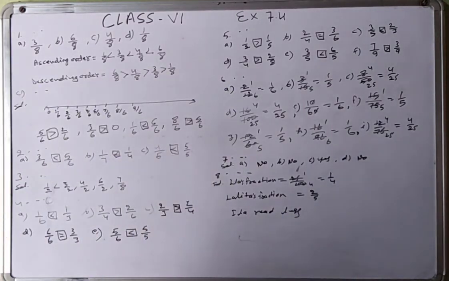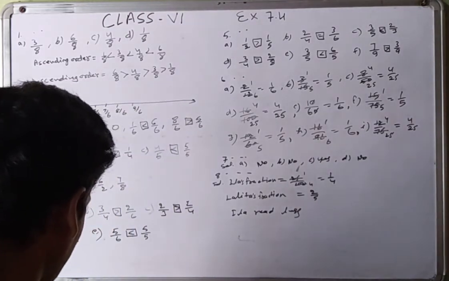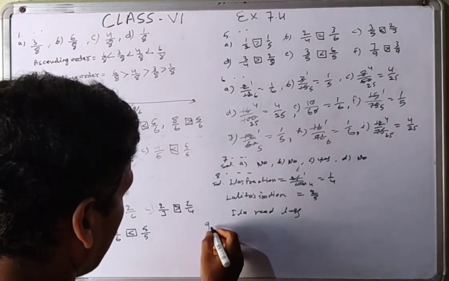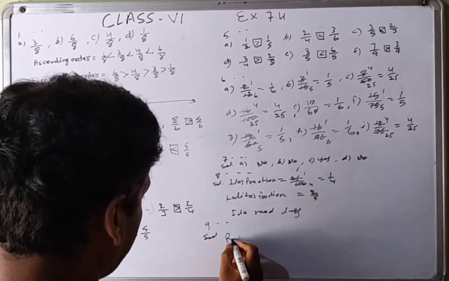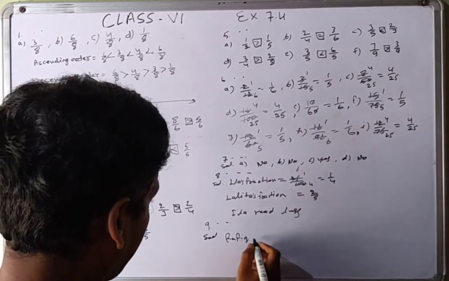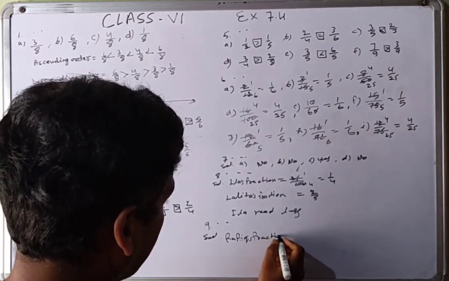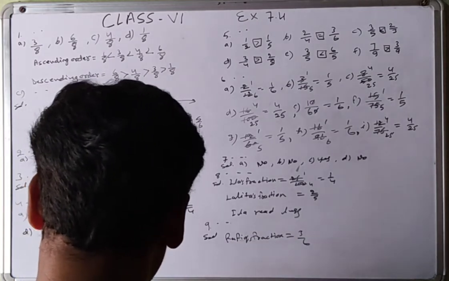And then 9th question. Rafiq exercised for 3/6 of an hour. Rafiq's fraction is equal to 3/6.